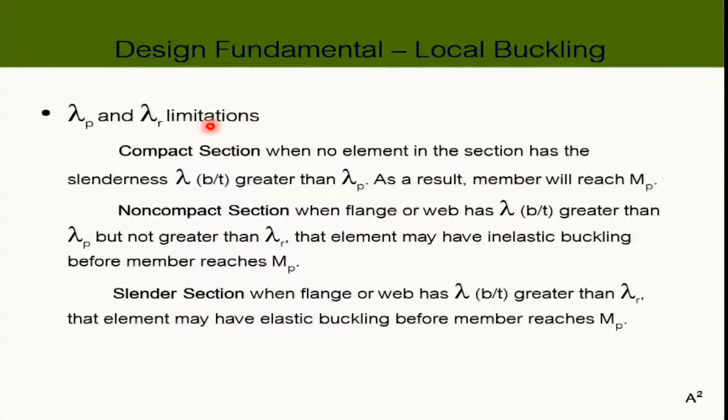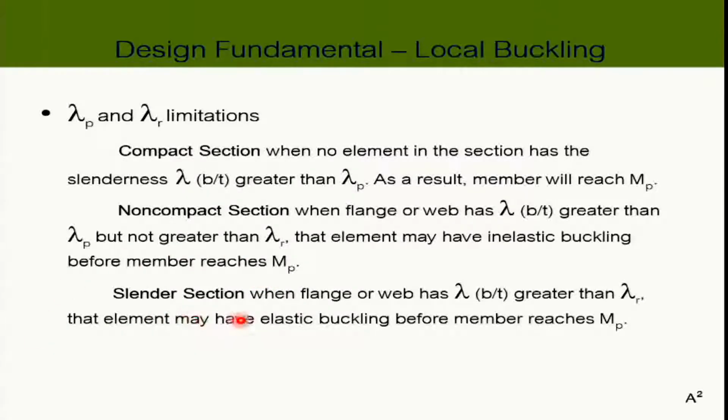If the flange or the web slenderness ratio is less than lambda p, I'm sorry, your member can reach MP without any problem. If some of the elements, either the flange or the web, has a slenderness ratio that exceeds lambda p but not lambda r, you're going to have some buckling problem that will prevent your beam from reaching MP.